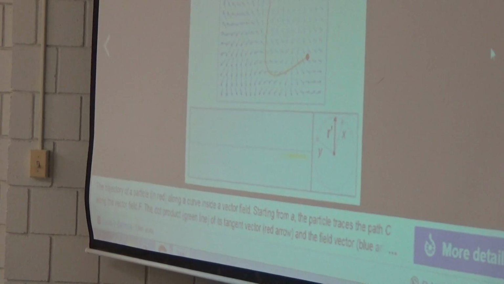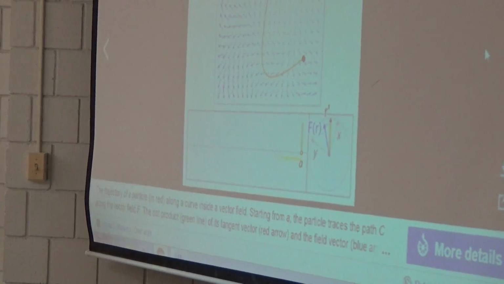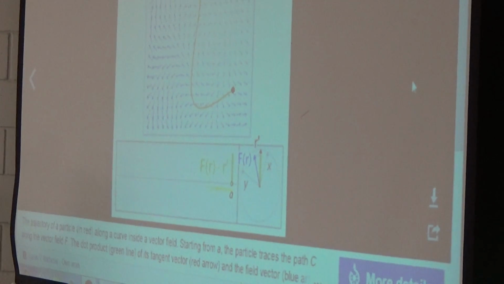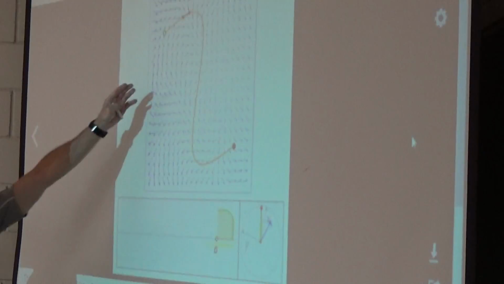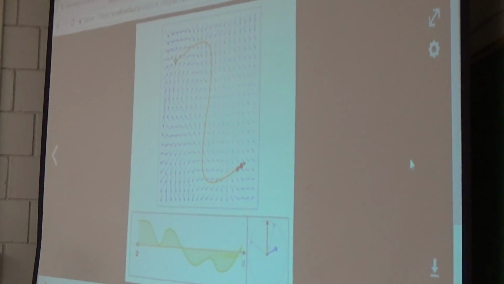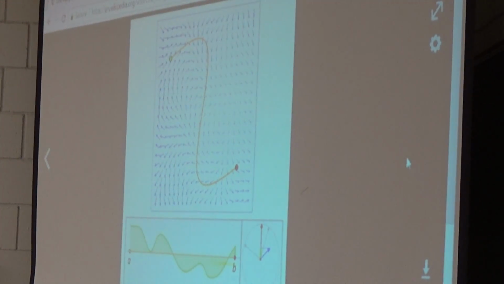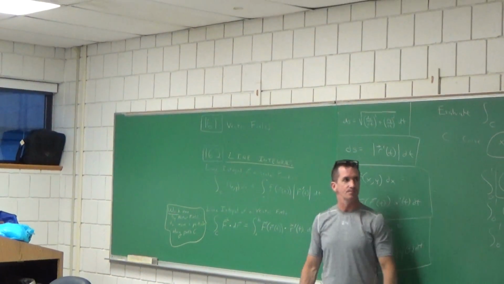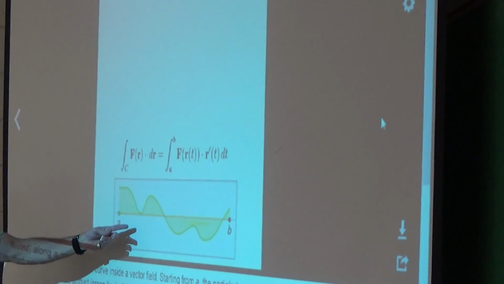The dot product along that green line of its tangent vector, which is the red arrow, and the field vector, which is the blue vector, is what we're getting out of this. And we're just going to do an infinite sum of that. You sum towards infinity the limit of all those dot products. So we'll see this again.